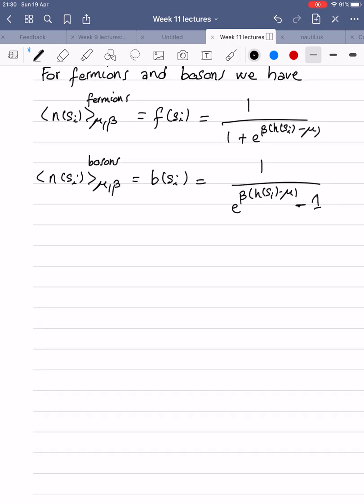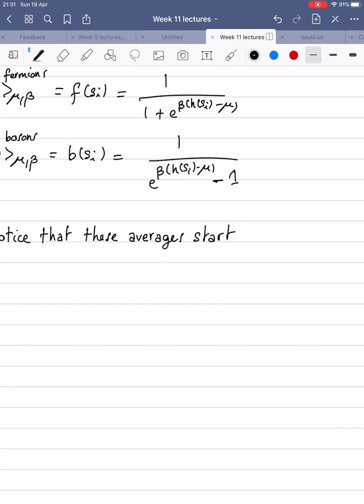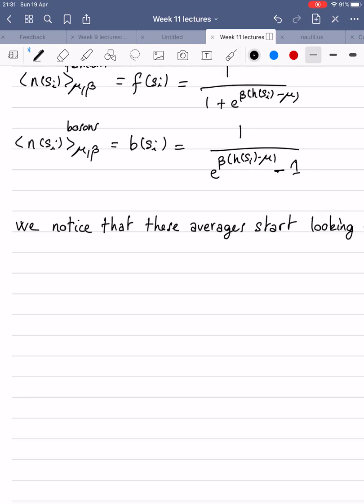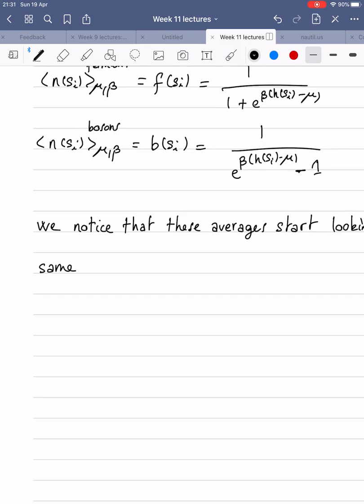Now, there's one thing we can say. First of all, we notice that these averages start looking the same if exponential β(h(s_i) − μ) is much larger than 1.